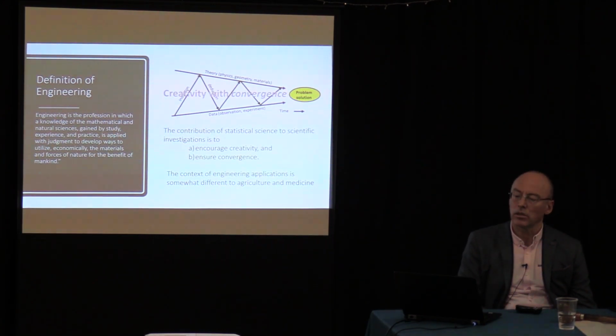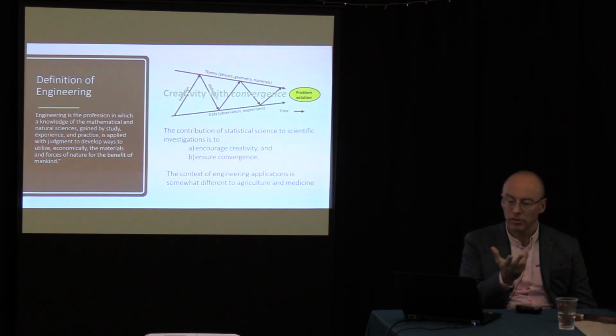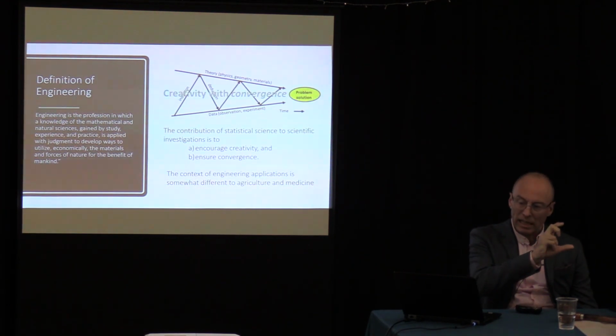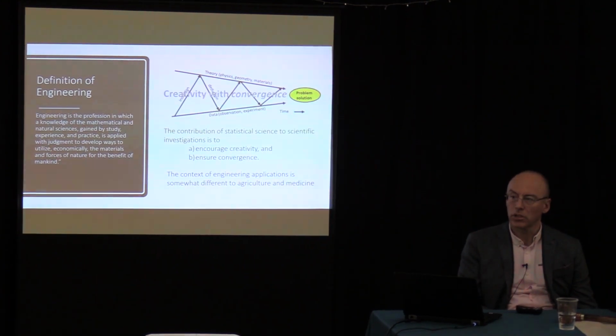So it seems to me that what we want statistics to do is to encourage creativity of the investigating team, but also to ensure that the process converges. And that's where I think statistics comes in. We have the tools that allow problem investigations to converge to a solution.